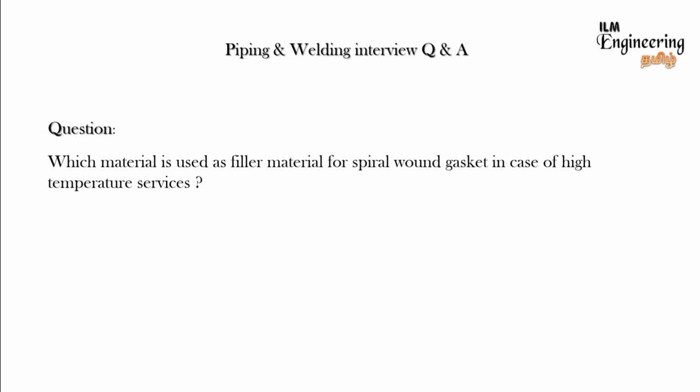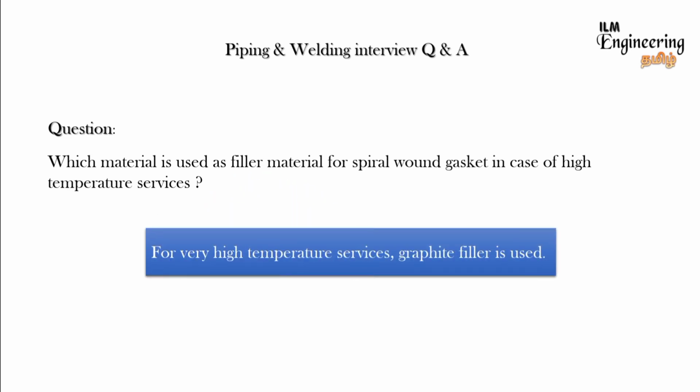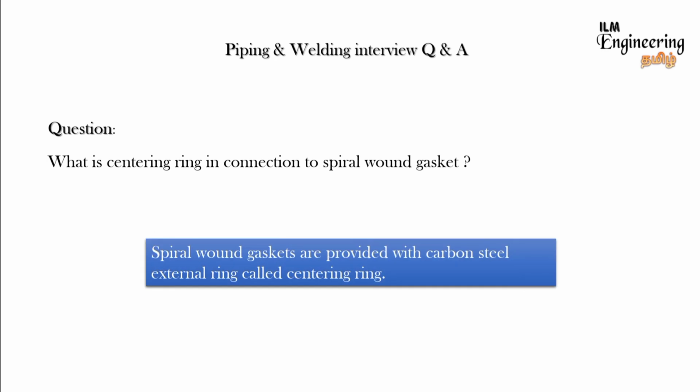Which material is used as a filler material for spiral wound gasket in case of high temperature service? For very high temperature service, graphite filler is used. What is the centering ring in connection to the spiral wound gasket? Spiral wound gaskets are provided with carbon steel external ring that is called centering ring.